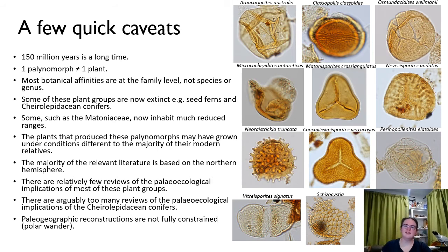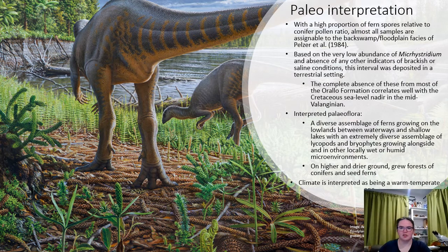Despite that, this is often the best evidence we have from these intervals, and so we can draw some broad stroke conclusions. With the high ratio of fern spores relative to conifer pollen I've seen in my samples, they're pretty much all assignable to the back swamp or floodplain facies of Pelzer et al. 1984.